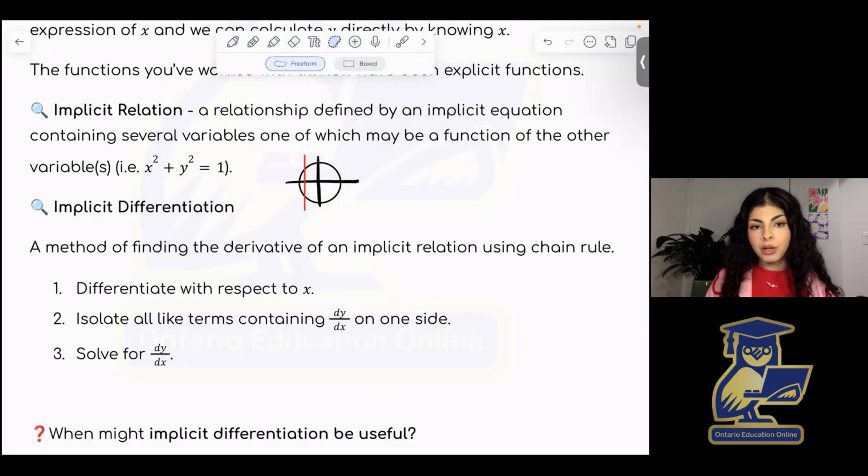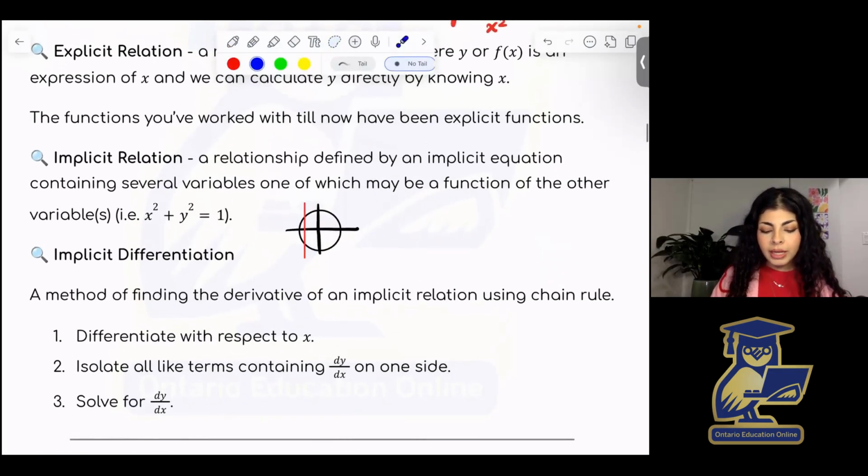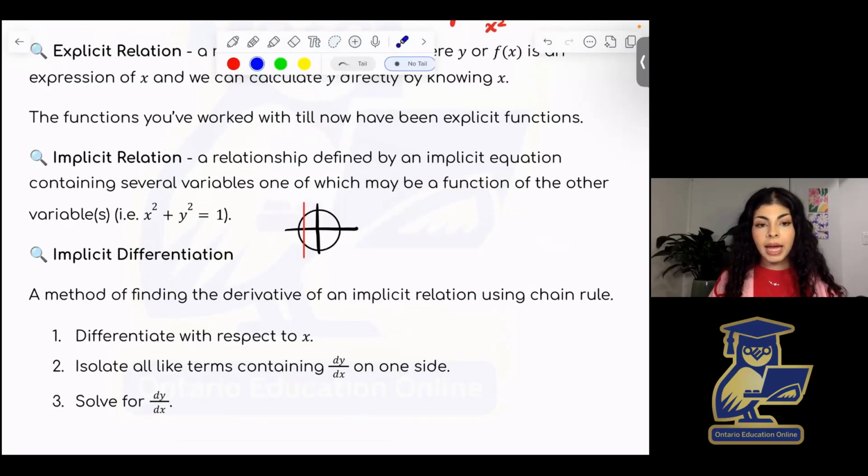So this is not a function, but it is still a relation because we are making a connection between x and y. An implicit relation is a relationship that has an implicit equation, and it could have more than two variables, but we're mostly going to be seeing x and y. But one variable is not defined explicitly as the other, such as here, where we have x squared plus y squared.